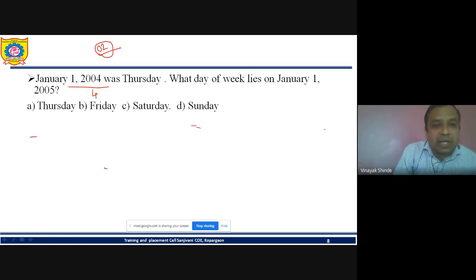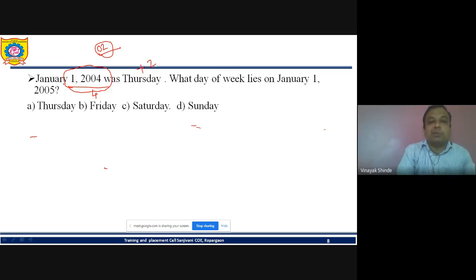Now see, what is the span? It is from 1st Jan 2004 to 1st Jan 2005. February occurs in 2004, so it is a leap year and has got 2 odd days. So what we need to do is just add 2 days to this.